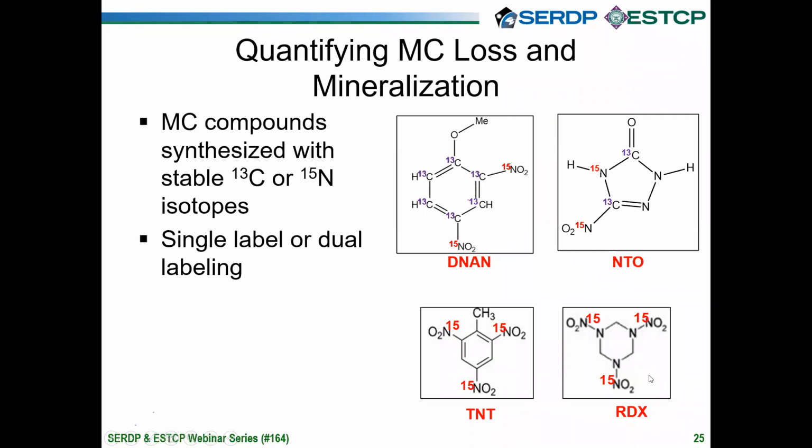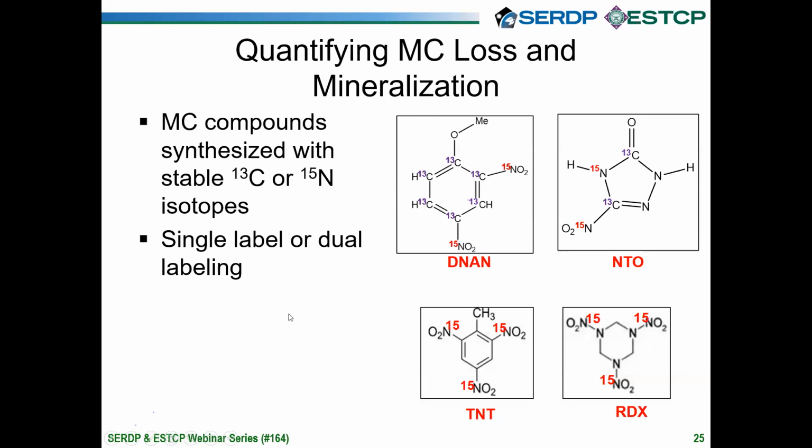RDX, for instance, can be synthesized using N15 atoms for the nitro groups or the ring. These compounds can be synthesized with either C13 labels in different positions on the molecule, or N15 in different positions on the molecule, or dual label. We've used dual label sources of MC compounds, and we've also used single label.